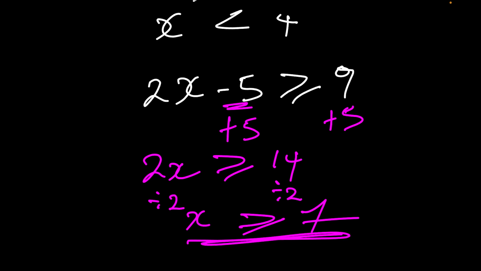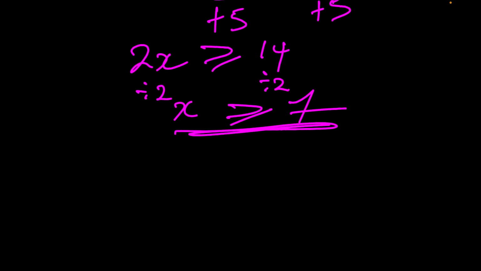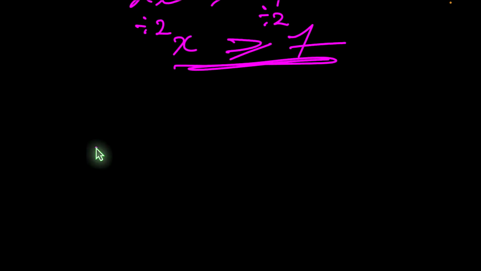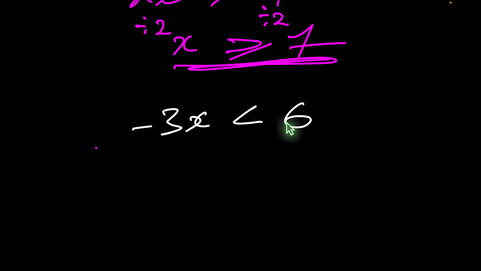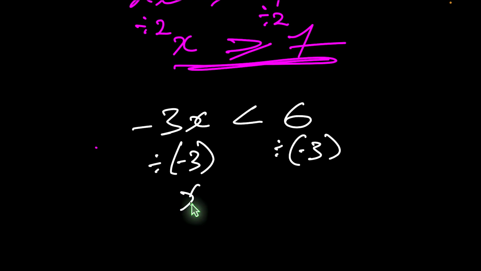But I did mention that there was one unique case, and I'm just going to get to that now, since we already know that this is exactly the same as solving equations. So let's say we have negative 3x is less than 6. Now in this instance, our steps look the same, but just be mindful that if we are multiplying x by a negative number, after we divide both sides by that same negative number, for our answer, we have to remember to reverse the sign.